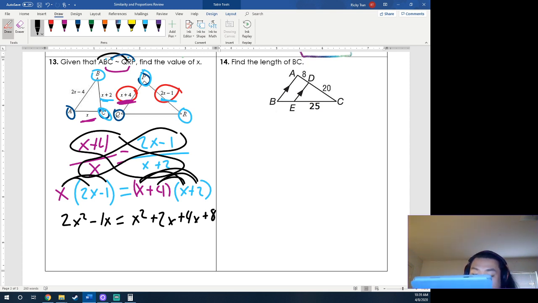Okay, we're going to combine like terms here. So we're going to have 2x minus 1x is equal to x squared plus 6x plus 8. Okay, so we're going to still get it to, actually, in this case, you want to get it all to one side. Okay, so what I'm going to do, I'm going to subtract x squared there.